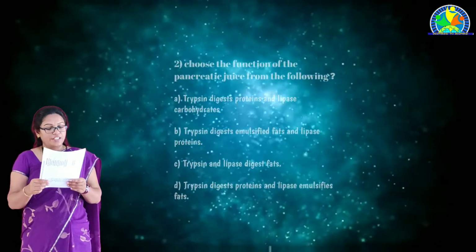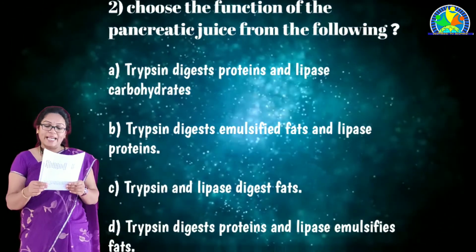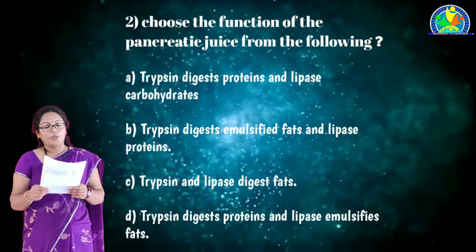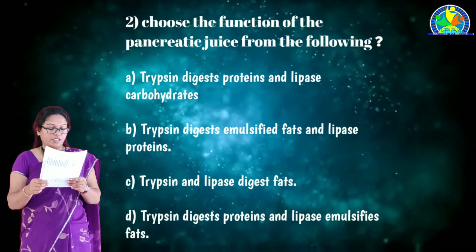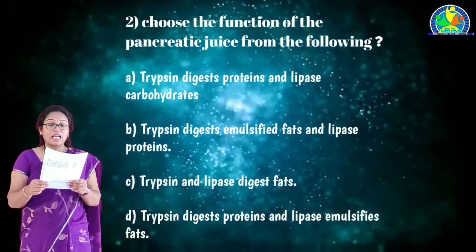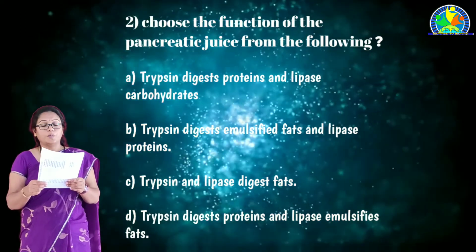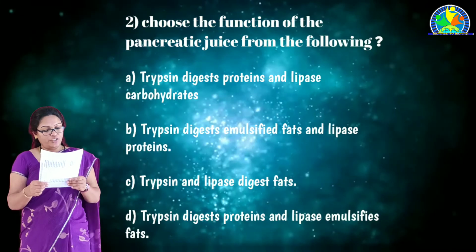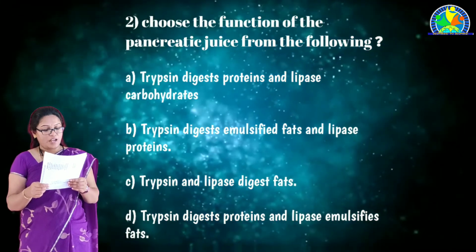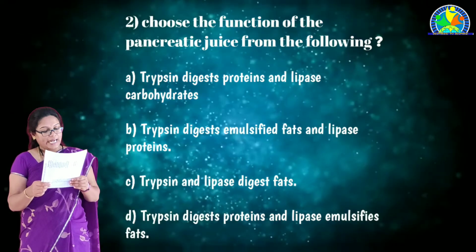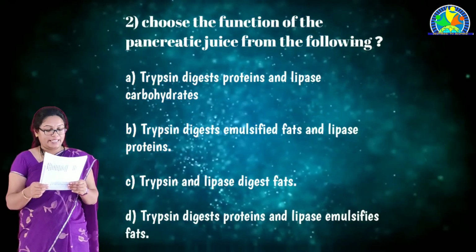Second question. Choose the function of the pancreatic juice from the following. Option A. Trypsin digests proteins and lipase carbohydrates. Option B. Trypsin digests emulsified fats and lipase proteins. Option C. Trypsin and lipase digest fats.